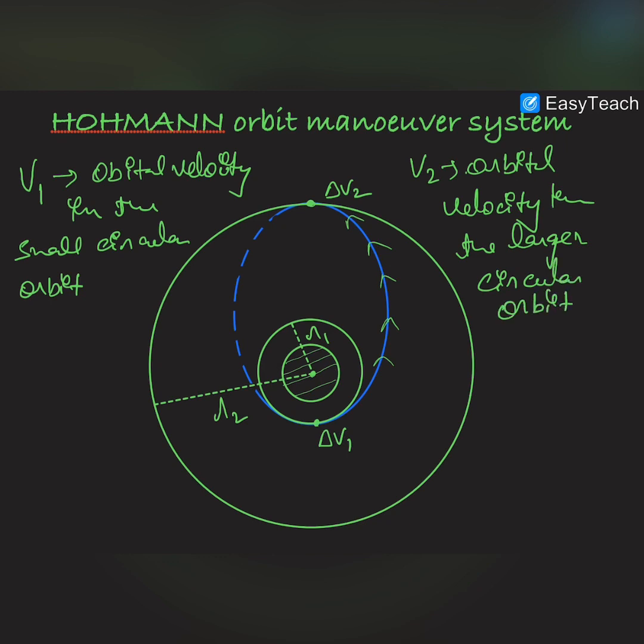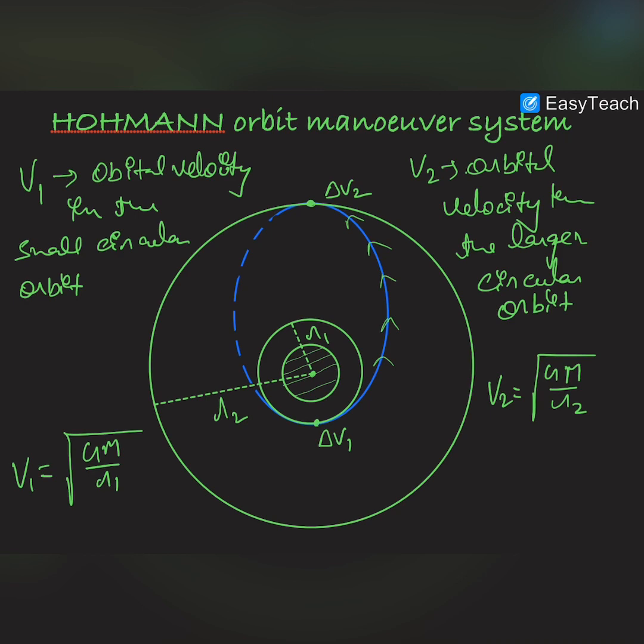So v1 will be equal to under root of GM by r1, and v2 will be equal to under root of GM by r2. These are v1 and v2, the orbital velocities of these orbits.